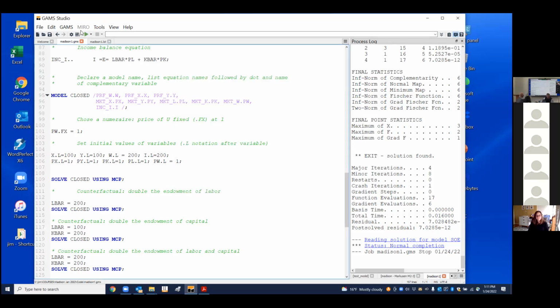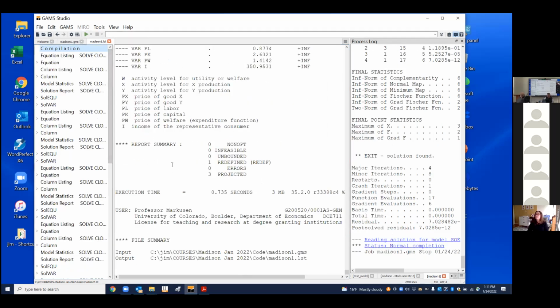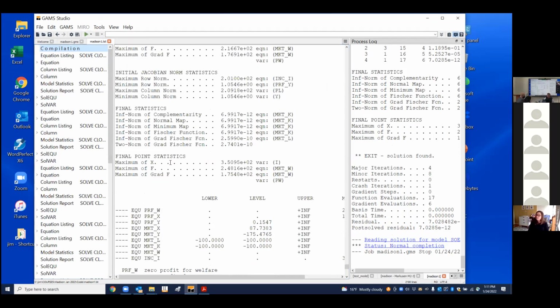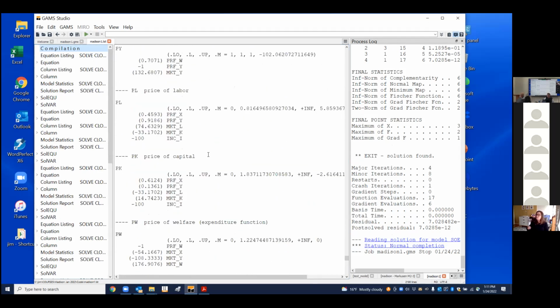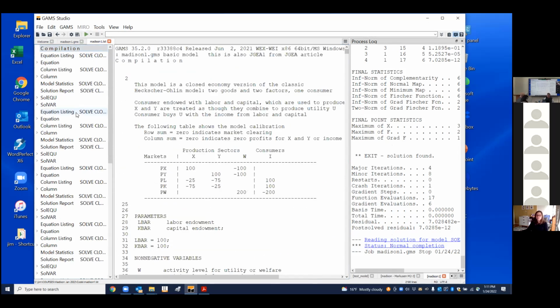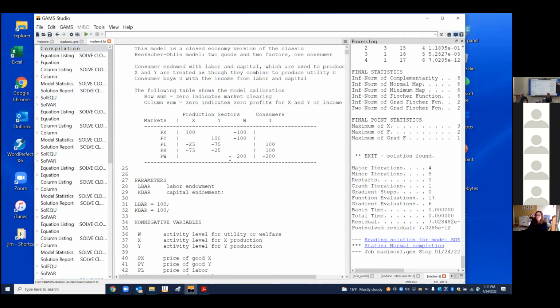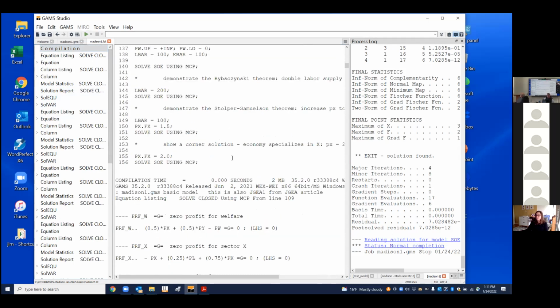Okay, so then in the middle window, you can navigate this file on the right-hand side or the left-hand side. You can move up and down, or you can click on the left-hand side and look at different sections. There's a lot of stuff that we're just going to ignore. First there's an echo print of the whole model, so you don't have to go back.